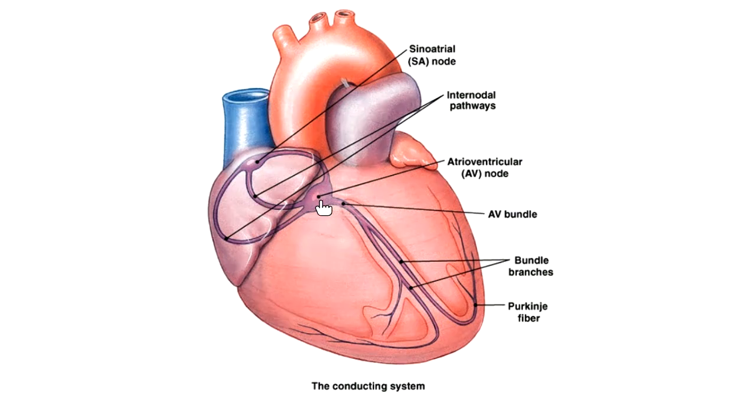Now, we need to send that AP down into the ventricles to stimulate them. So we start through the AV bundle. And here we're going to send that bundle through that interventricular septum. But because we got two sides, we need to split it. So the AV bundle needs to split so each side can stimulate that muscle. So we have two bundle branches. The bundle branches go all the way to the apex, all the way to the tip of the heart.